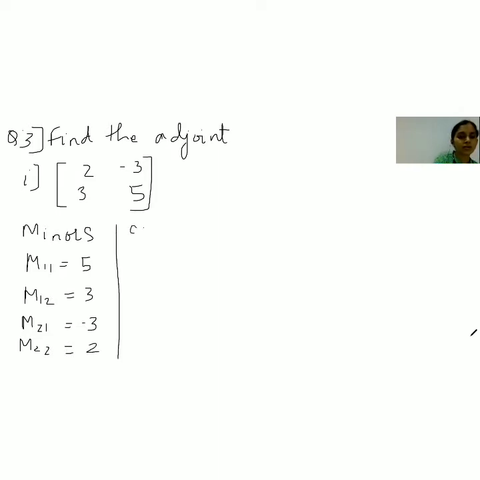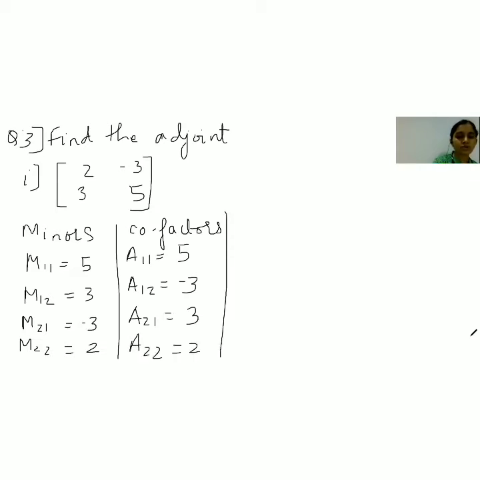Okay, this is our minus. Then our cofactors. Okay, so what will be the cofactors? A11 is equal to, addition is even, so answer remains same. A12 addition is odd, so answer will change its sign. A21 again answer will change its sign, and A22 answer will not change its sign.